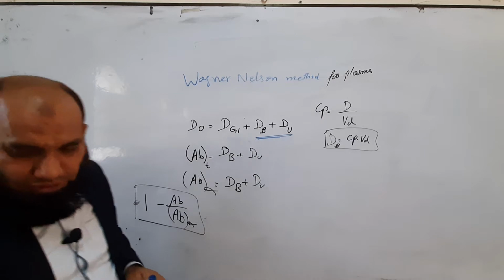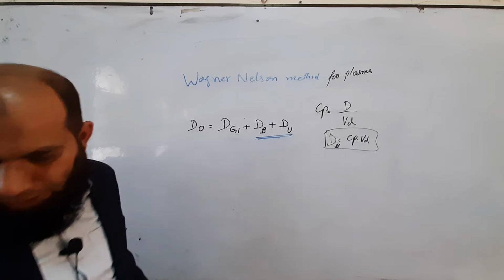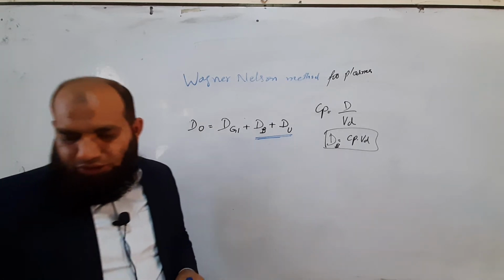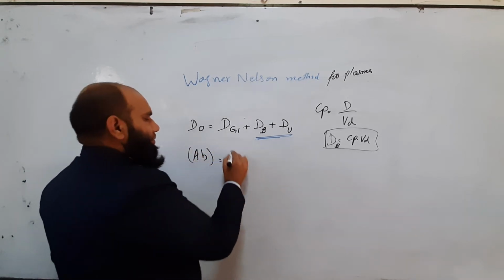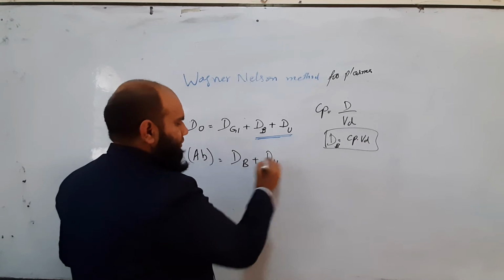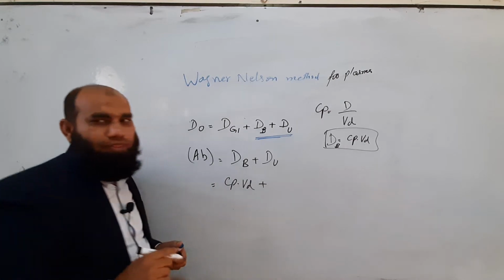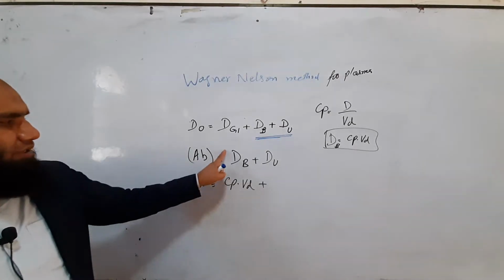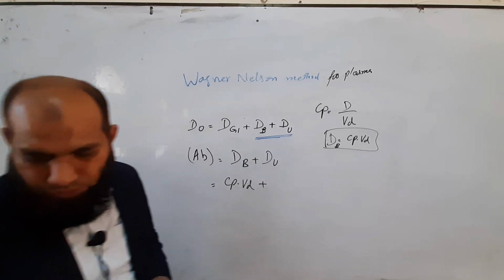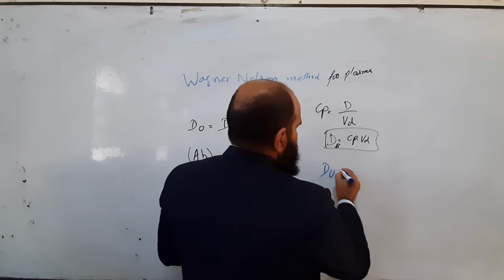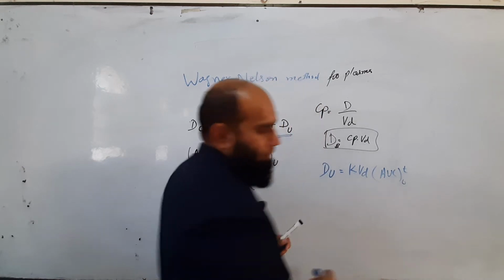So we will write here the value of C_p V_d, and as we know, the drug absorbed is equal to drug in blood plus drug in urine. The drug in blood is C_p V_d, and the drug present in urine is equal to K V_d into AUC 0 to t.